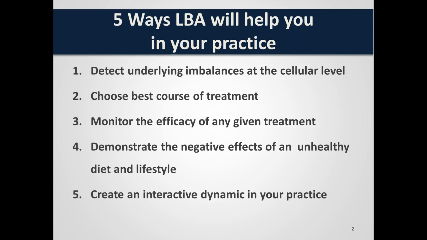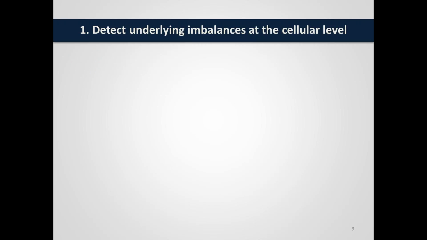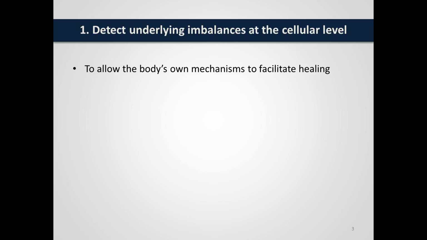All right, so we're going to just run through each of these points in a little bit more detail. So the first point there, live blood analysis enables you to detect underlying imbalances at the cellular level. Now, these are the imbalances that complementary and integrative practitioners need to work with to allow the body's own mechanisms to facilitate healing.